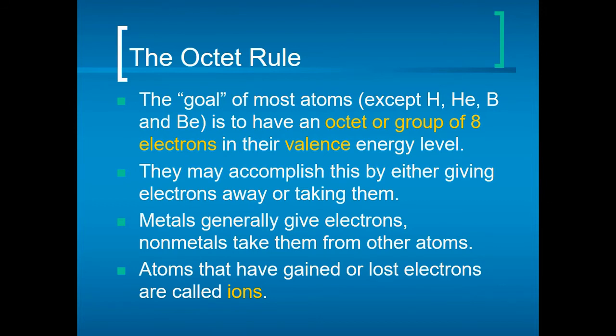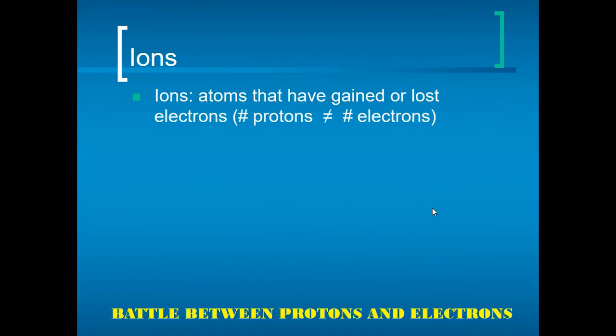So atoms that have gained or lost electrons are called ions. Okay, so what's ions? Ions are atoms that have gained or lost electrons. The number of protons does not equal the number of electrons. And the reason this happens is because they're trying to get an octet.